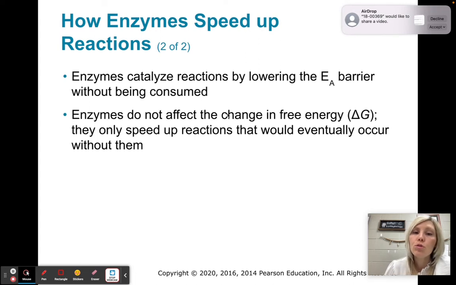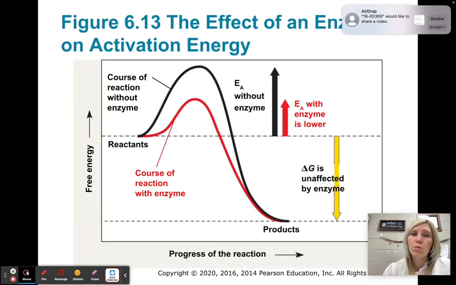It says enzymes do not affect the change in free energy. It's not going to change the amount of free energy that's available or stored as a result of the reaction. They only speed up reactions that would eventually occur without them. So the enzymes are not responsible for the reaction taking place. They are responsible for the speed of the reaction taking place.